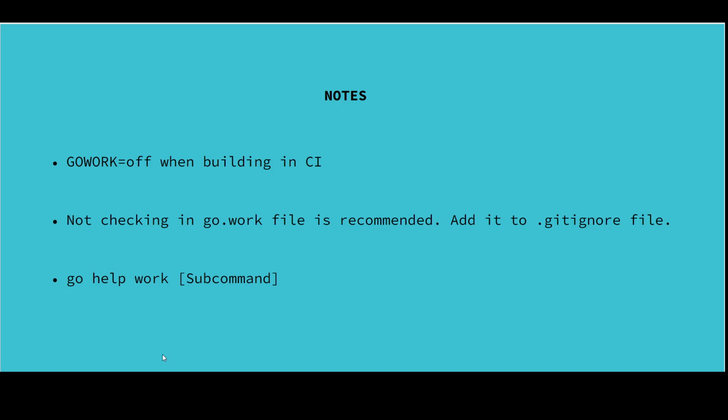So remember to set GOWORK equal to off in your CI pipeline. Second point is do not check in the go.work file. Always add it to your .gitignore. In that way it will never be checked in because it's meant for local development. There is no point in checking in the go.work file.